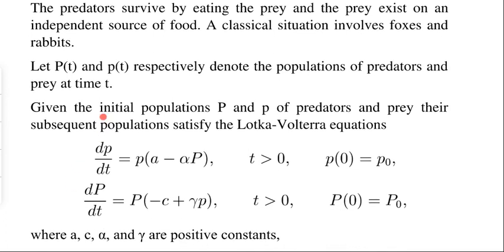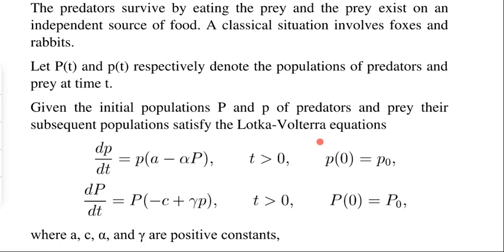We will have an initial population of these two classes, and these initial values will be capital P and small p, the initial populations of predators and prey.